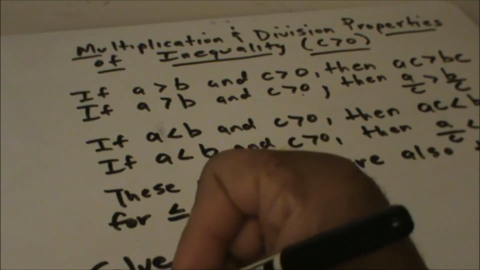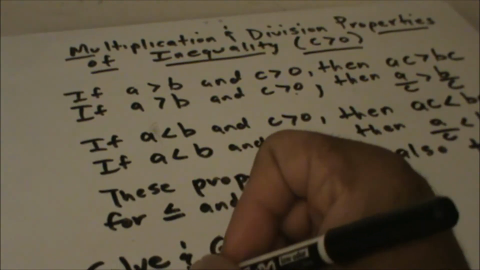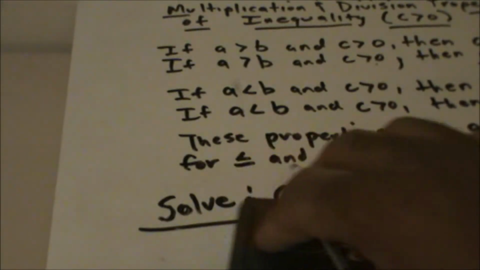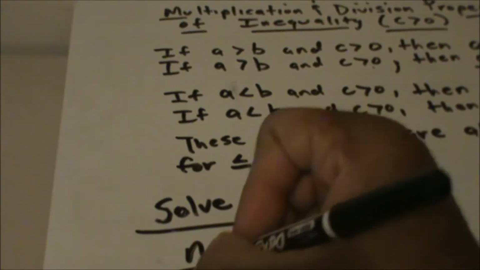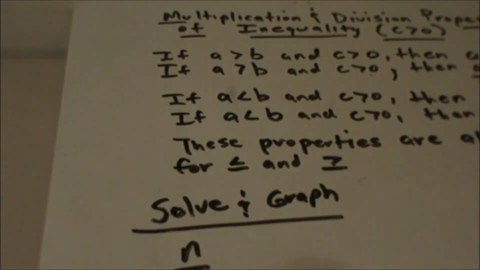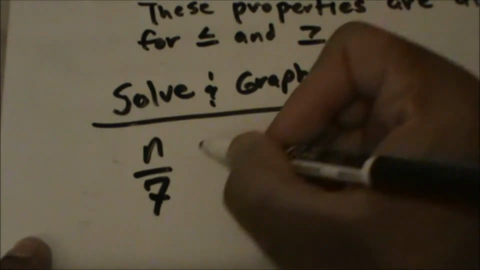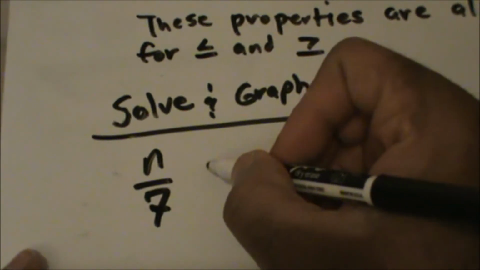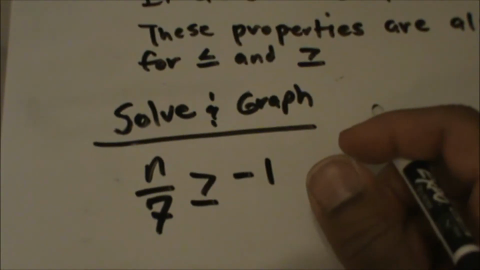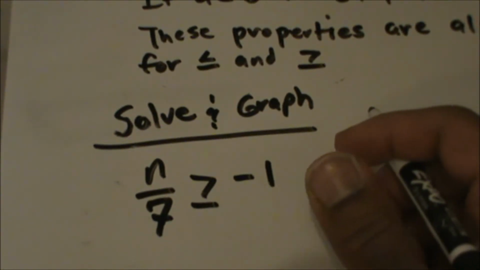Now n over 7, let's write that over again, n over 7, which is greater than or equal to negative 1. All right, this illustrates another example when you have a fraction.